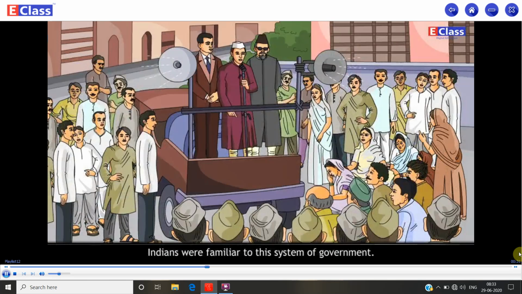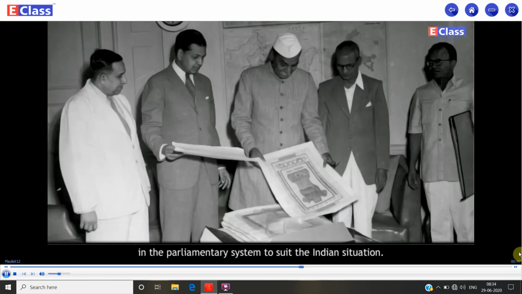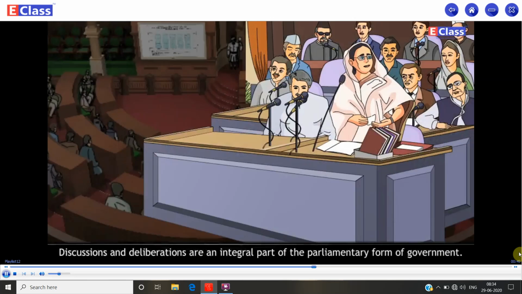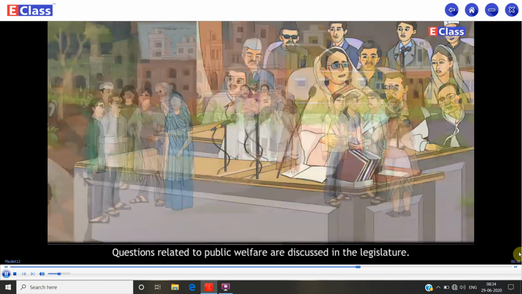Many discussions took place in the Constituent Assembly over the system of government. The framers of the Constitution made a few changes in the parliamentary system to suit the Indian situation. Discussions and deliberations are an integral part of the parliamentary form of government. Questions related to public welfare are discussed in the legislature.